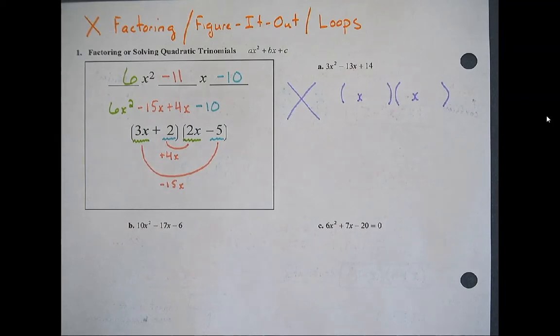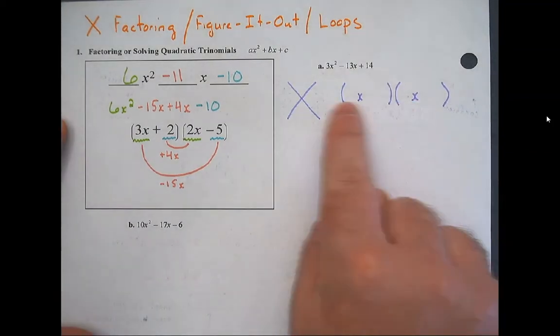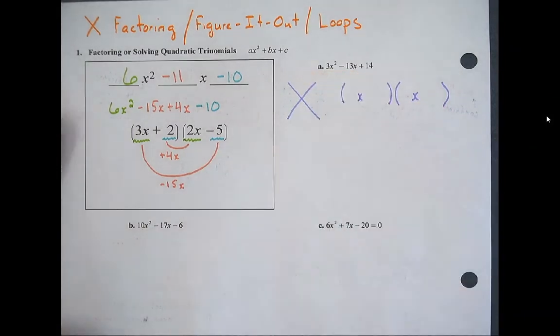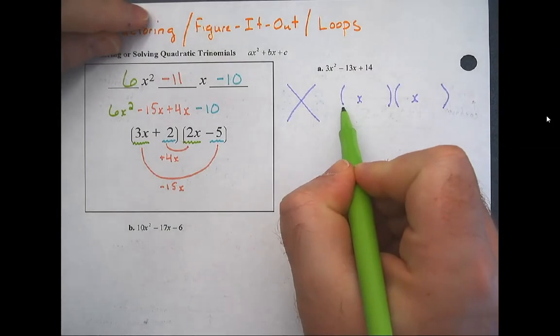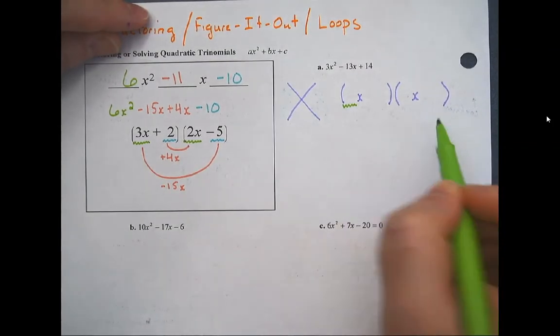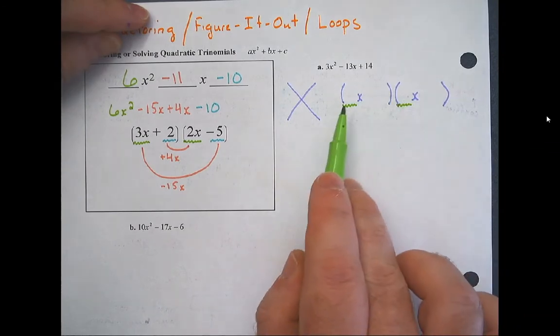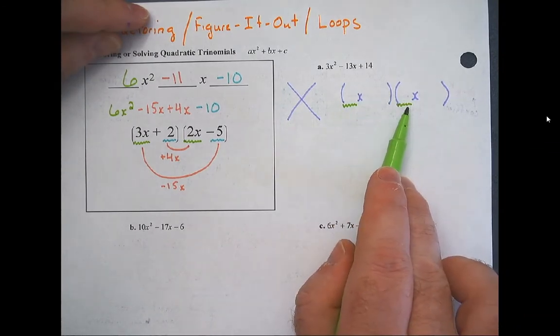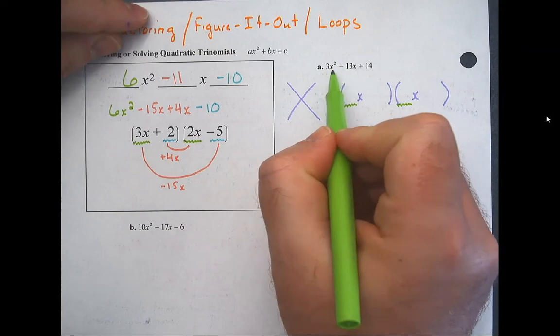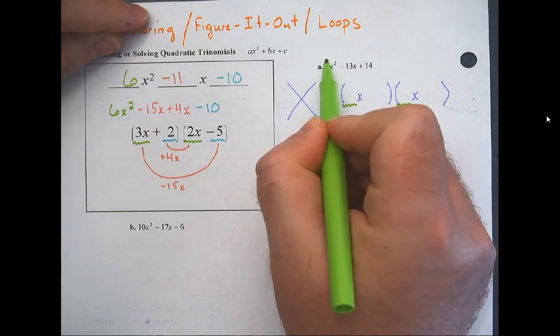Then I'm starting to apply the ideas of how distribution works to get to this spot. So I know I'm going to use the same colors that I used before. Position, I call this position 1, and I call this position 3. 1, 2, 3, 4. Position 1 and position 3 have to come together to make the 3.